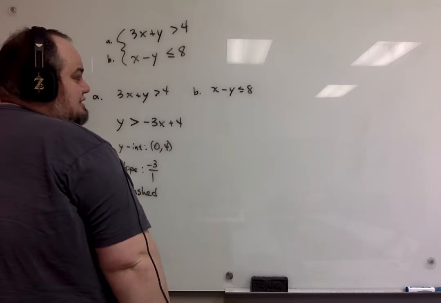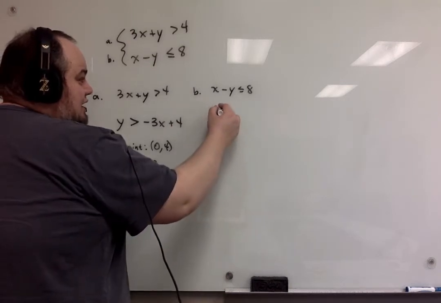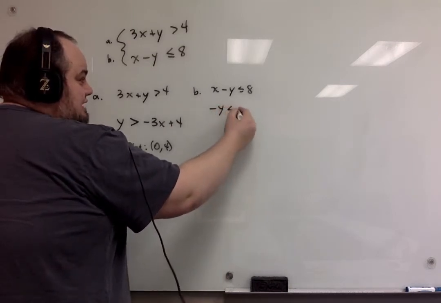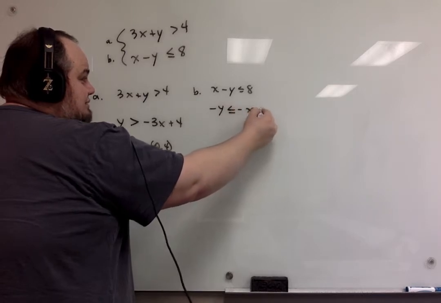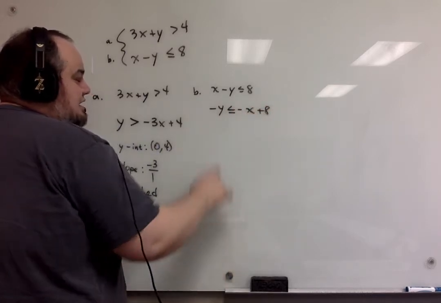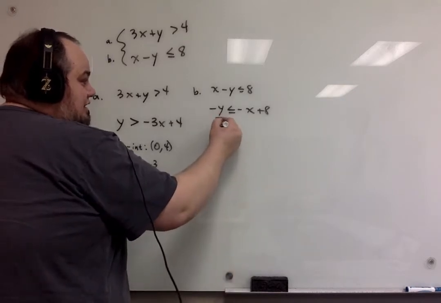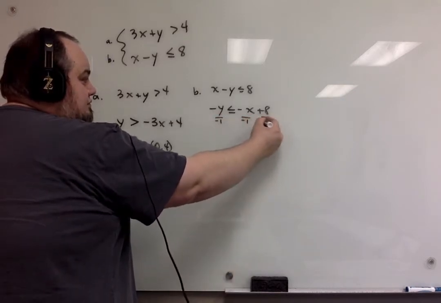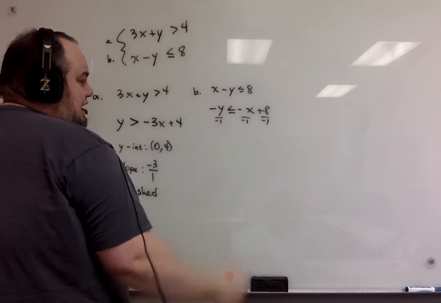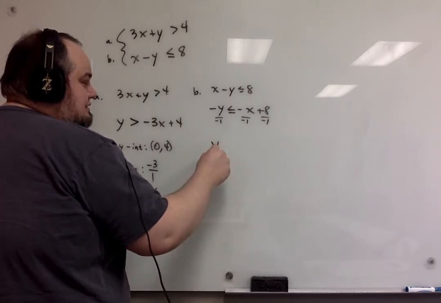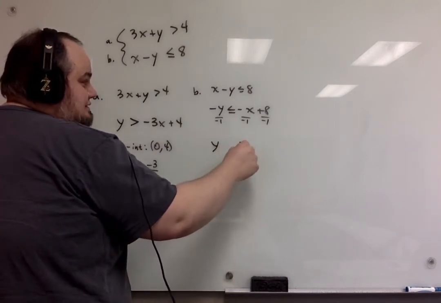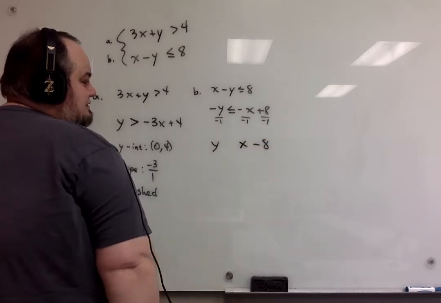To solve it, we're going to subtract x from both sides. So we get negative y is less than or equal to negative x plus 8. And then we want y, not negative y, so we're going to divide everything by negative 1. Now when we do that, we get x minus 8.